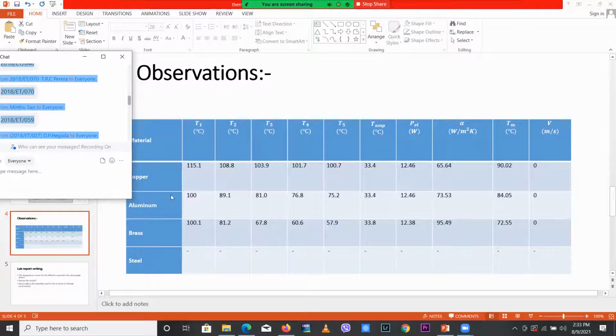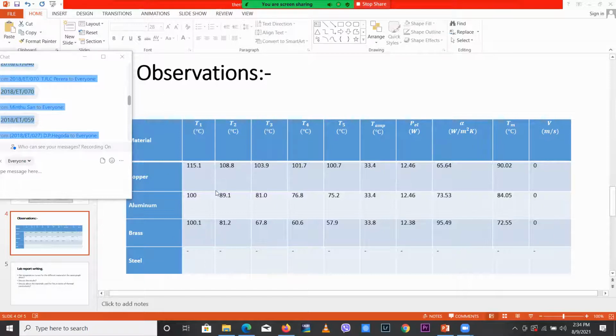thermal conductivity. They have high thermal conductivity and low resistance. If it has high resistance, then the heat flow will be blocked and lessened, and it is difficult for the heat to flow, therefore the temperature difference will be high compared to copper.